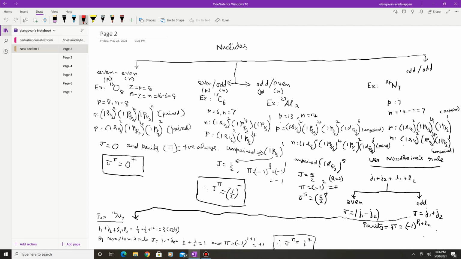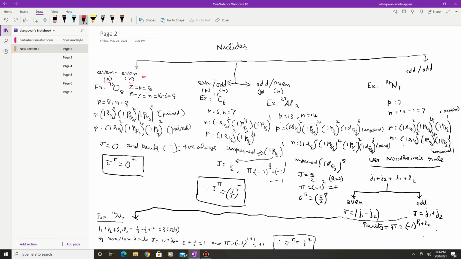Now the nuclei can be categorized into 3 ways. If you draw the level sequence, and the outermost level, if the proton number is odd and the neutron number is odd, we call this an odd-odd nucleus. If the proton number is odd and the neutron number is even, this is an odd-even nucleus.